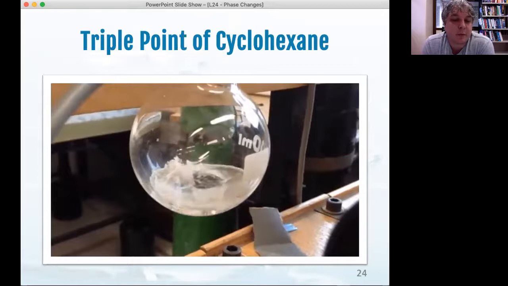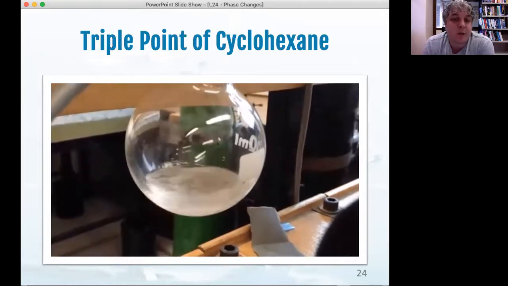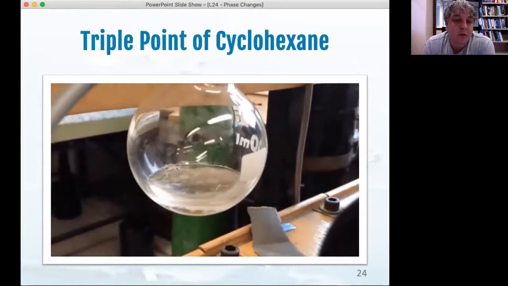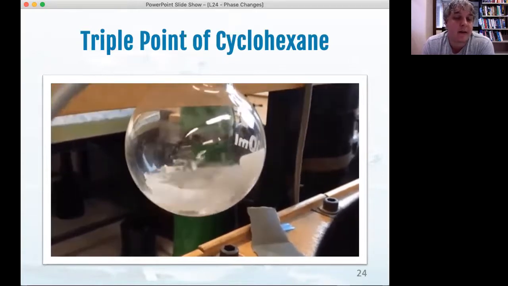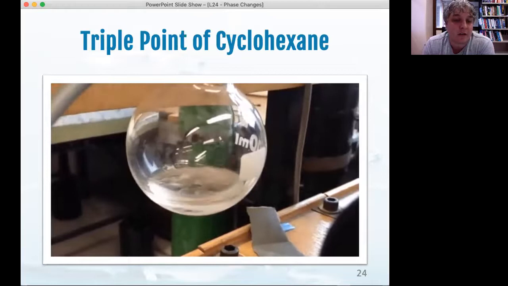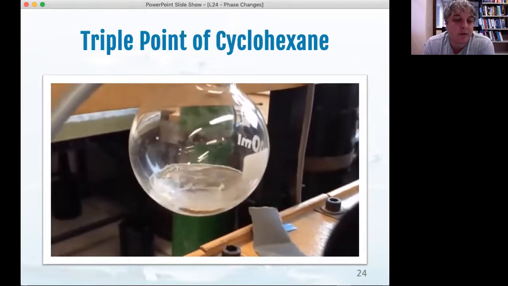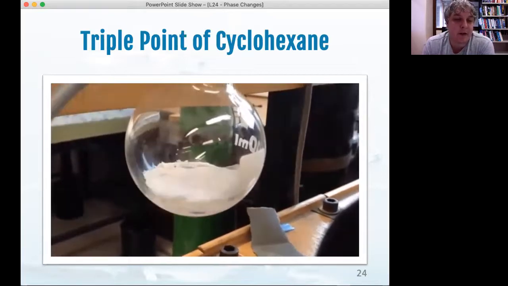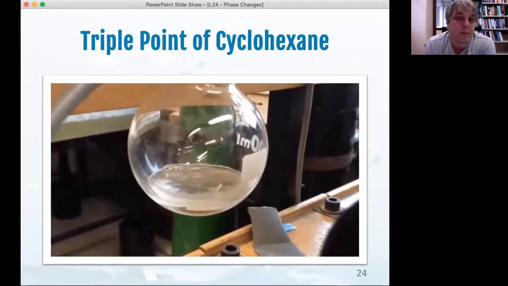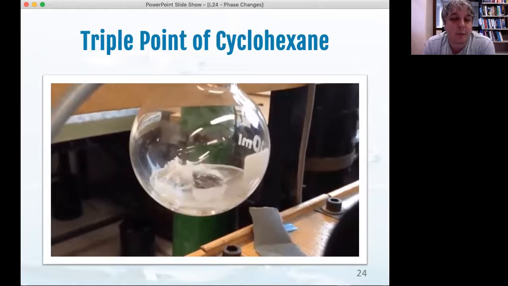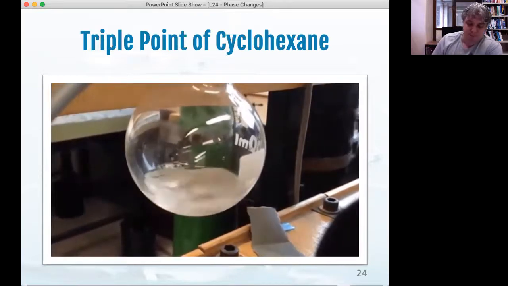It's pretty much at room temperature, but that cyclohexane is trying to be all three, a solid, a liquid, and a gas all at once. So you can see that it'll start to freeze over, and then it bubbles because it's boiling, and then it just turns back into a liquid and sloshes around. So it's doing all three different states all at once. And that's because they've found the triple point of that substance.